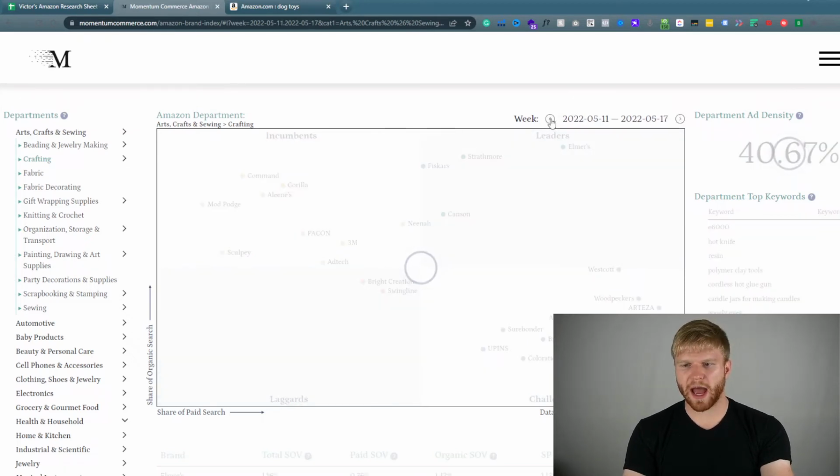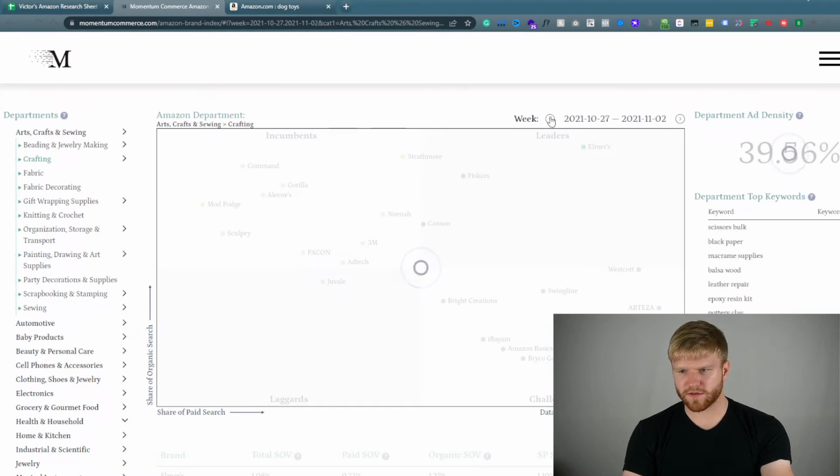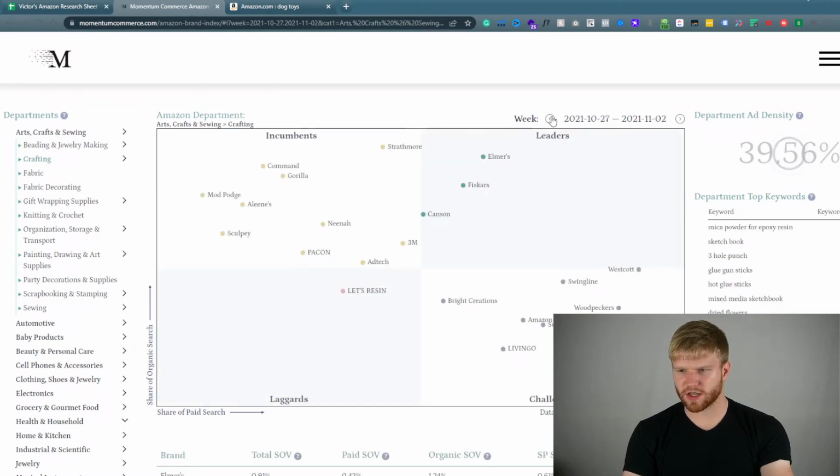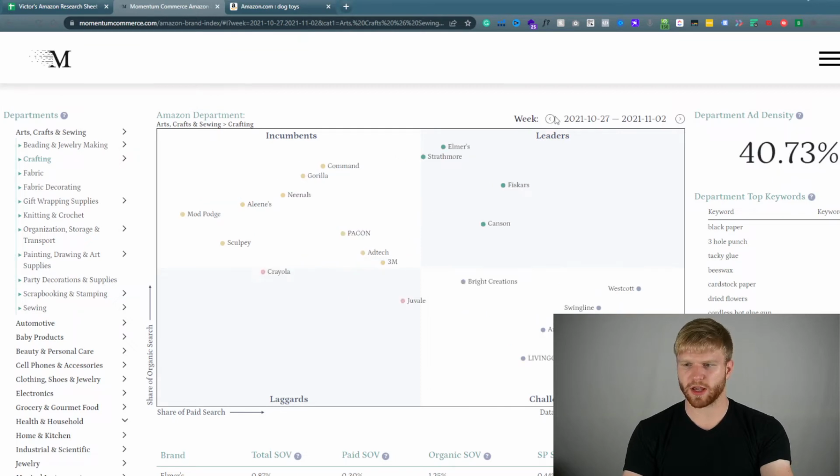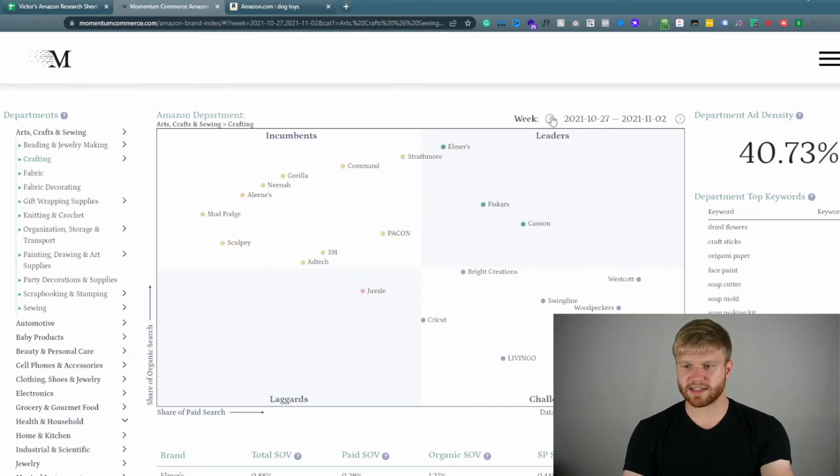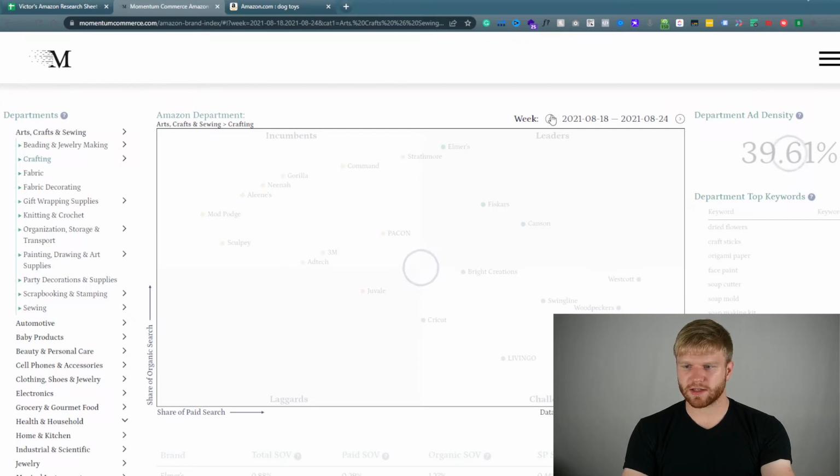So, if I were to go back, let's say if I just keep clicking back like crazy, as you can see, about 8 or 9 months ago, from this point, the ad density stayed about the same. We're still about that 40% mark, which isn't that crazy.